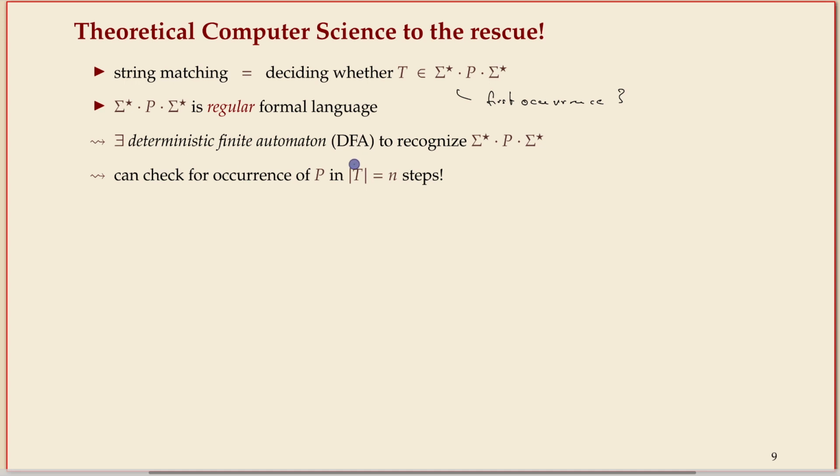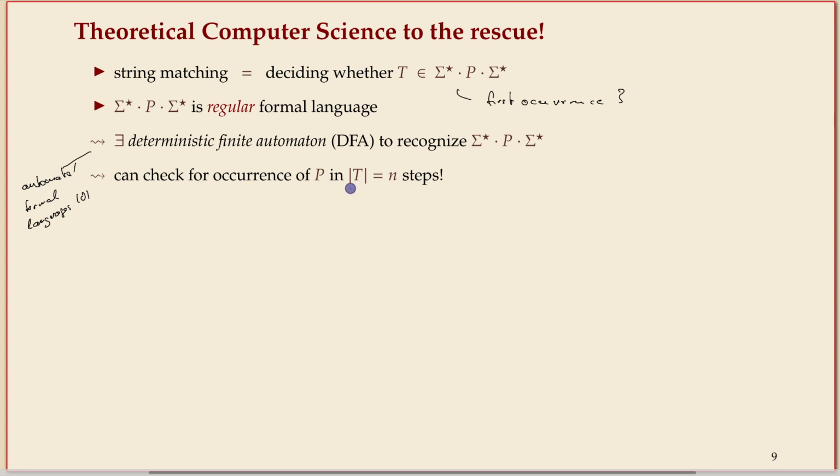And so that means we know, from automata or formal languages theory, there is a thing called deterministic finite automaton. I'll show you what these are. That recognizes this.